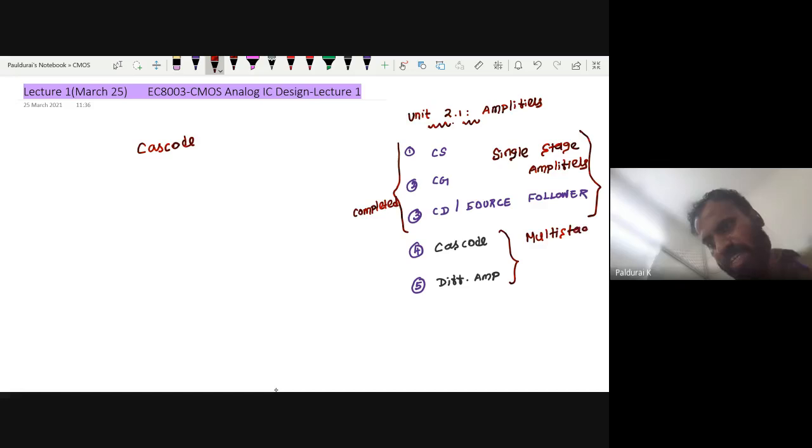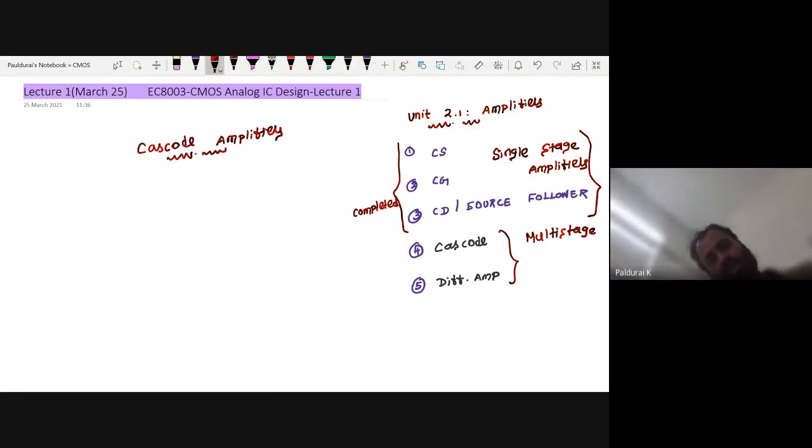We already studied these two keywords: one is called cascode, another one is called cascade. Let me first put the heading, cascode amplifiers. But straight away I don't want to jump into the cascode amplifier. Before that, I want to spend around one hour to speak about why cascode.